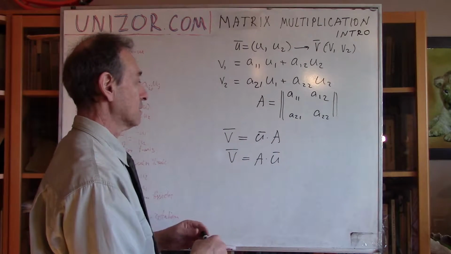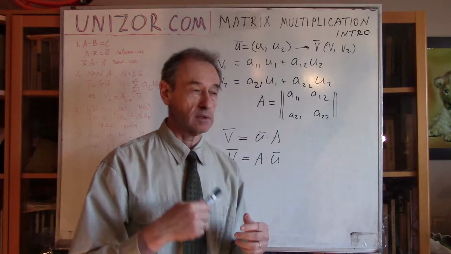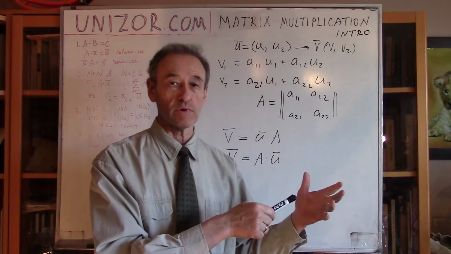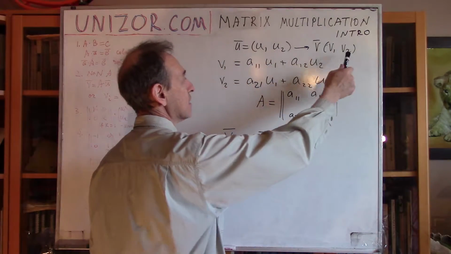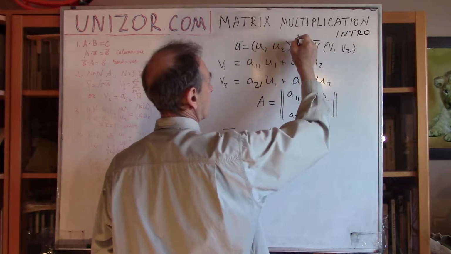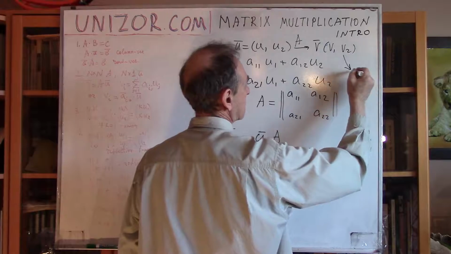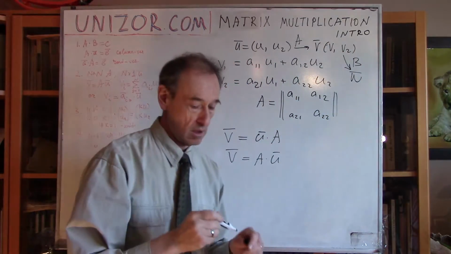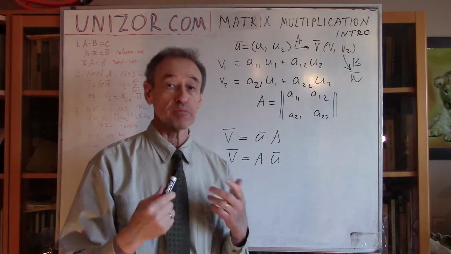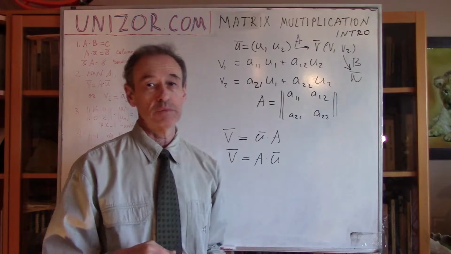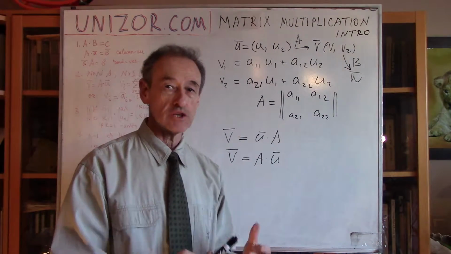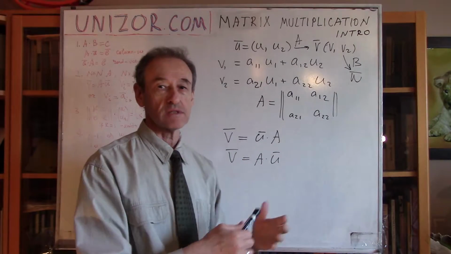Now, more than that, I would like to define this operation in such a way that if I have, let's say, two transformations, u to v and then v to w, one represented by the matrix A and another represented by a matrix B, then the transformation from u to w is a multiplication, a product of two matrices A and B. So that's the whole purpose, to build this matrix arithmetic in such a way that it reflects the processes of transformation.